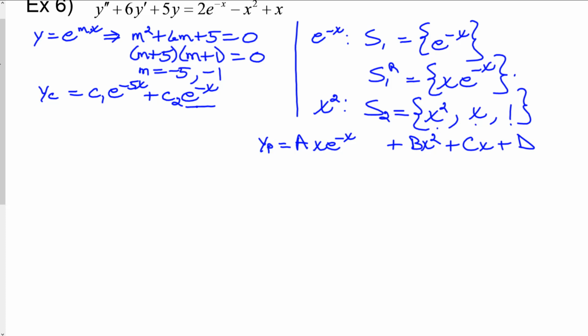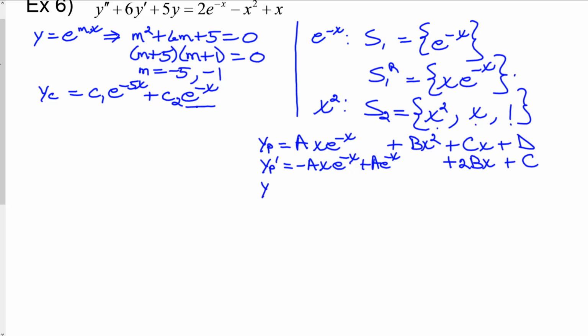Okay. And the derivative of that was needed. The derivative of that is negative ax e to the negative x plus a e to the negative x. The derivative of bx squared is 2bx, and then the derivative of cx is c, and the derivative of a constant, of course, is 0.